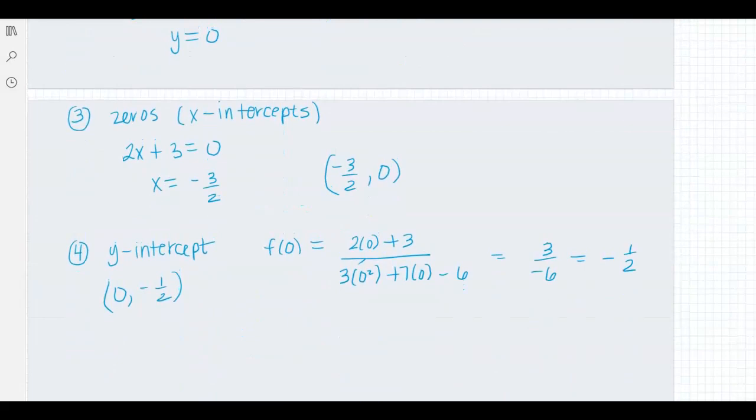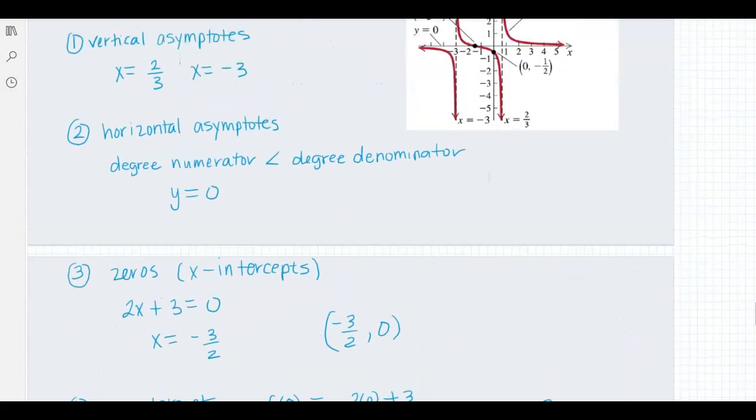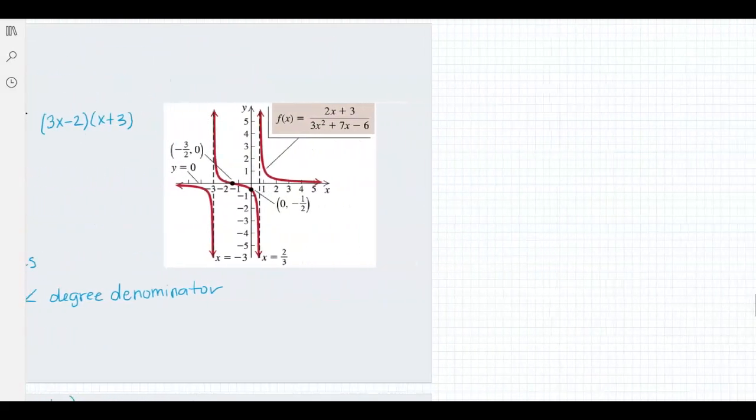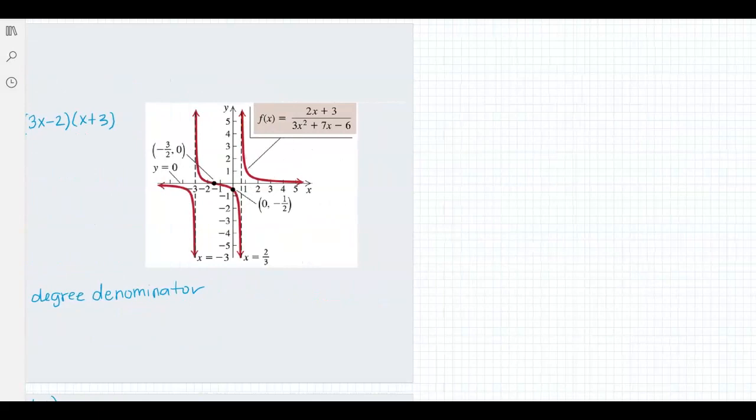And the other thing that we probably want to talk about is how do we determine what's happening near the asymptotes? Because if I were doing this by hand, what I would have had at this point is two asymptotes, one at negative 3.